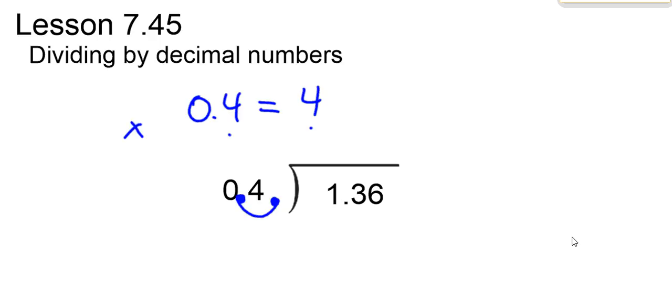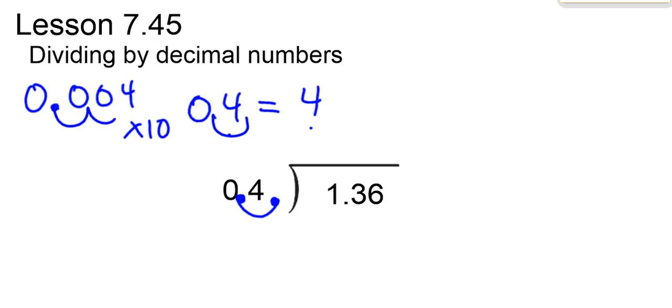Technically, we're multiplying by 10. When we multiply by 10, we move the decimal to the right one. I only have to multiply by 10 because I only have to move one place value. If I get a decimal that needs three places, I have to multiply by 1,000.